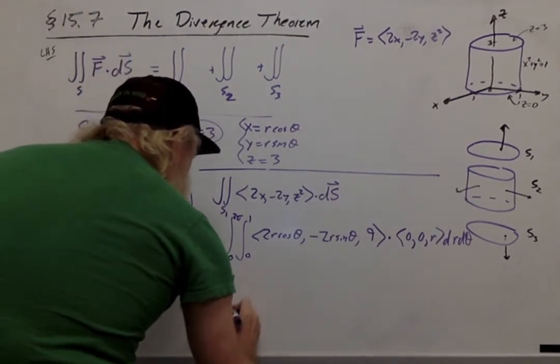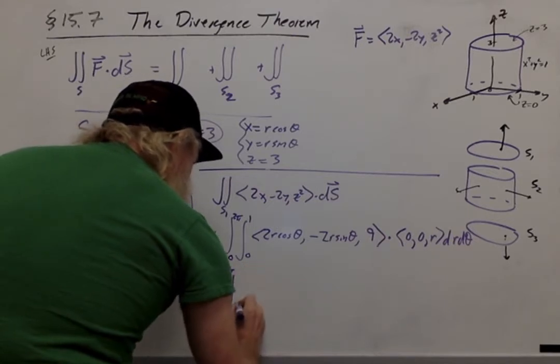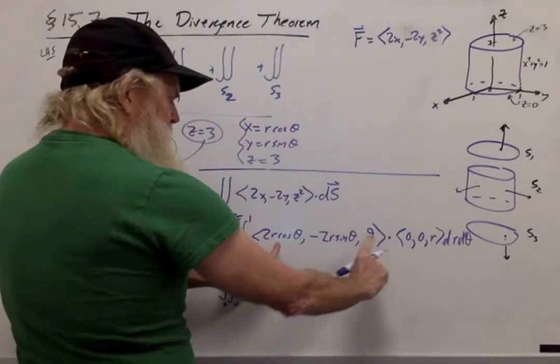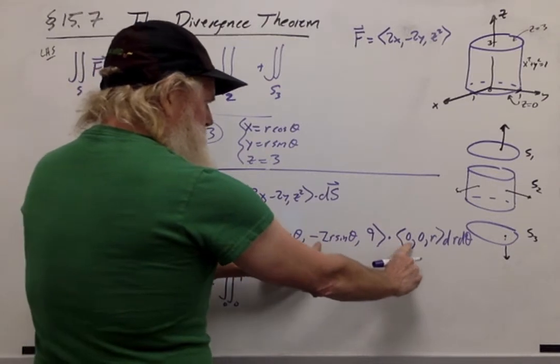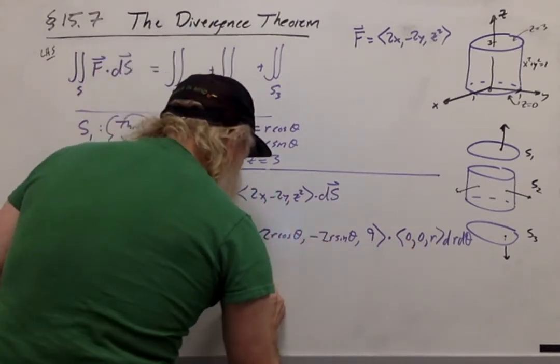So I have the double integral, 0 to 2 pi, 0 to 1, of 0 plus 0 plus 9r.